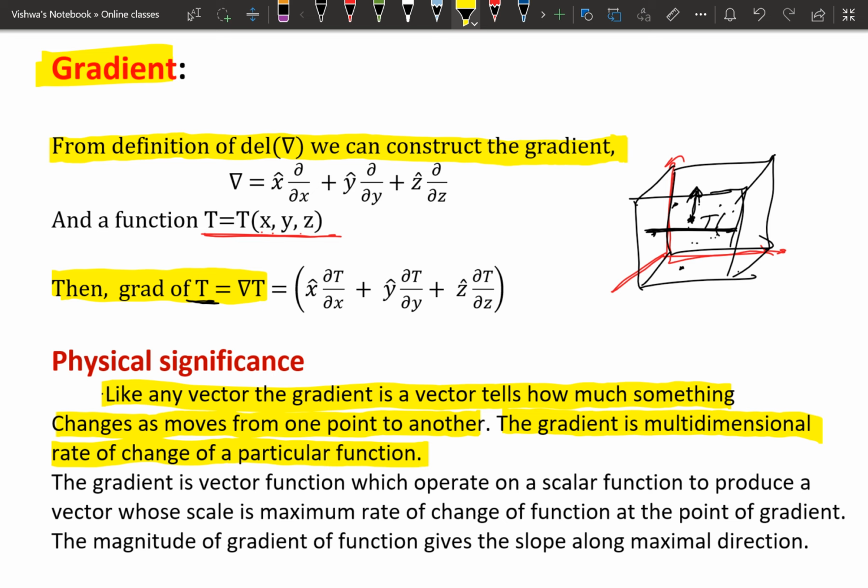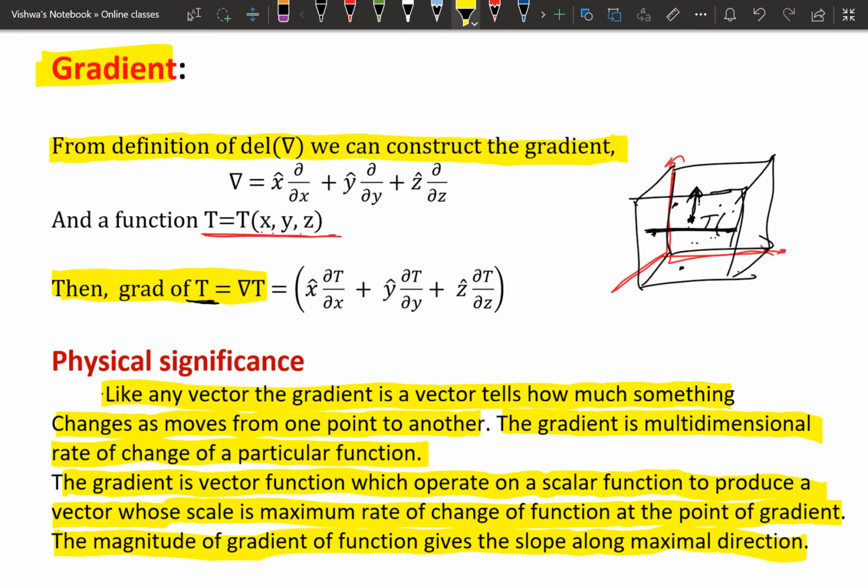For that it is called the multi-dimensional rate of change of a function. The gradient is a vector function which operates on a scalar function to produce a vector whose magnitude is the maximum rate of change of the function at that point. The magnitude of the gradient of a function gives the slope along the maximal direction.